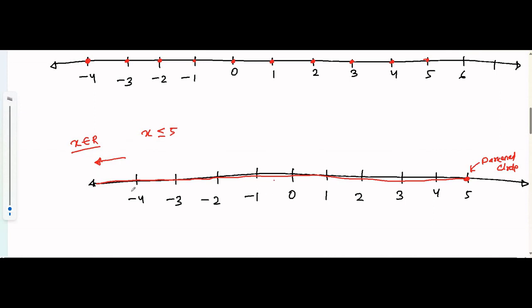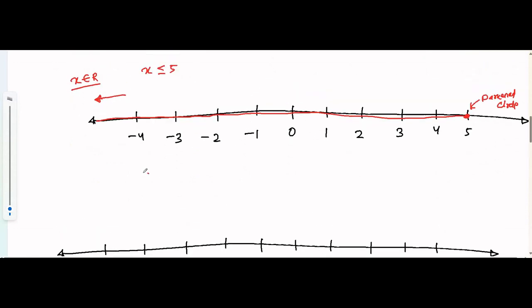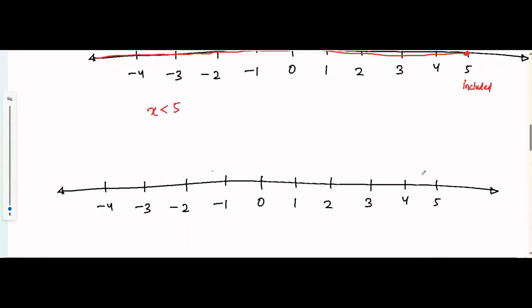Now suppose the situation would have been that x is lesser than 5. The lesser than or equal to sign is not there, only lesser than 5. In the previous case 5 is part of the solution, it is included. But in this case, 5 is not part of the solution. So as there are infinite number of points in between any two given values, here we will highlight 5 with a hollow circle, to indicate that this is not included in the solution.